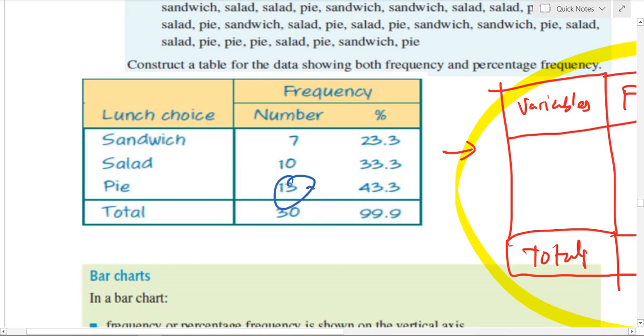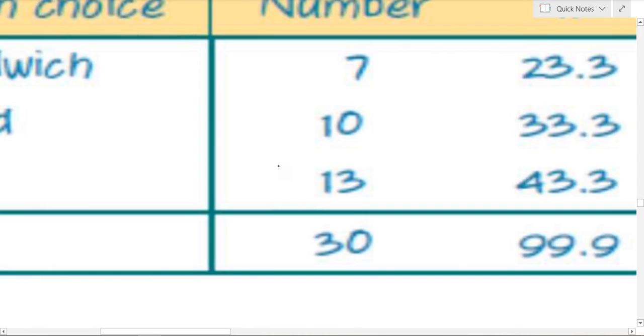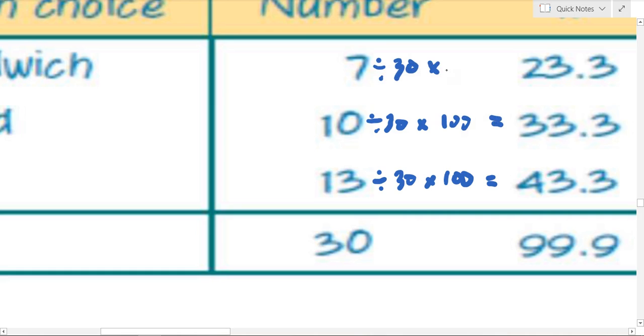For pie, 13 divided by 30 times 100. I'll put that here for you guys. So it's divided by 30 times 100 equals that. That's how you get the percentage. It's always divided by the total and then times by 100.